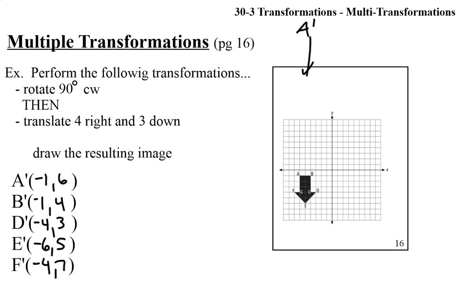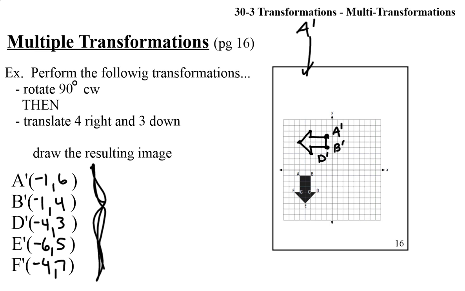So when I rotate my page, I need to jot down what the coordinates are after it's rotated, so now I can put that on there. And there's where my A prime finishes. B would finish there, B prime. D prime. So I am ending up with this particular diagram.